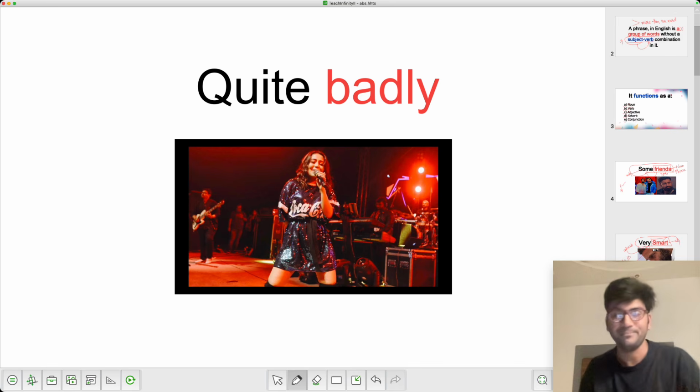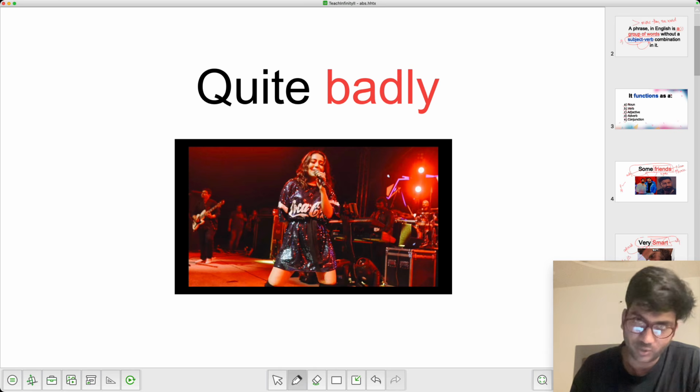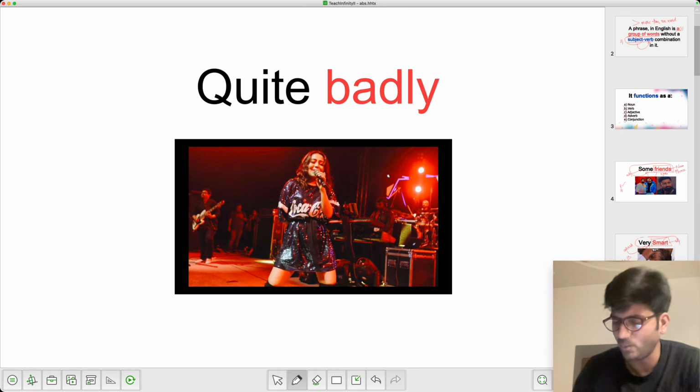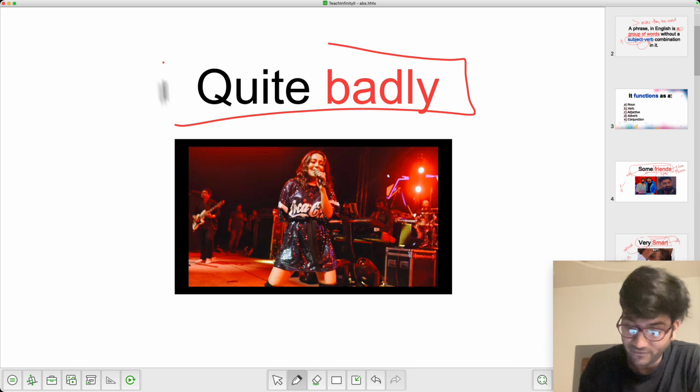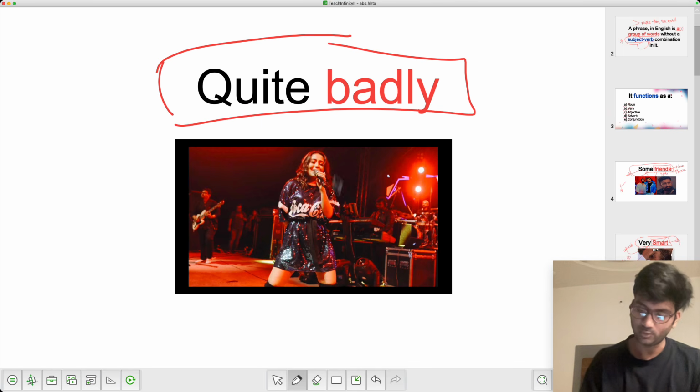All right, another example. Quite badly. I don't know why this picture of Neha Kakkar is there with the phrase quite badly, because she's a killer. Sings amazingly well, if you know what I mean. So quite badly, this is definitely a phrase, a group of words without a subject verb combination, and this is an adverb phrase.